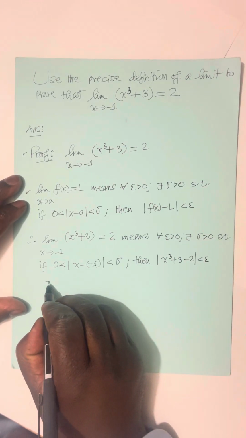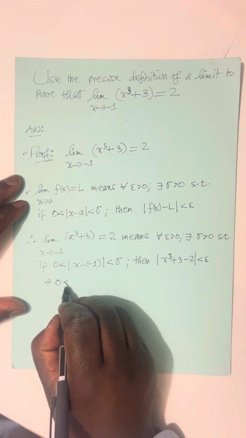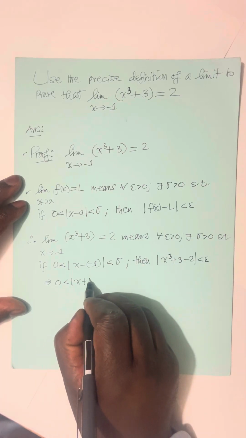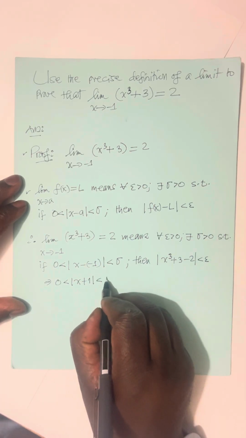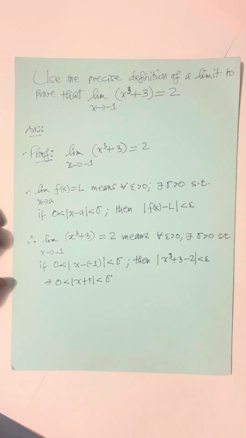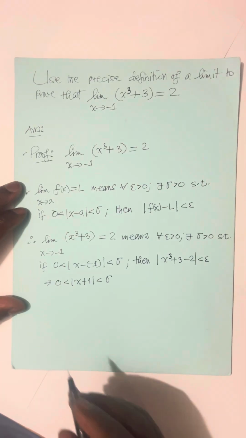Now let's simplify this. This implies 0 is less than the absolute value of x plus 1, which is less than delta. Now, after this, we move to our 4 steps.